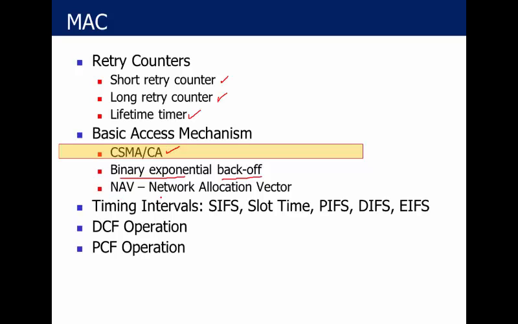NAV, the network allocation vector. Depending upon this, a network allocation vector is available at each station, which means at each laptop it has its own allocation vector.